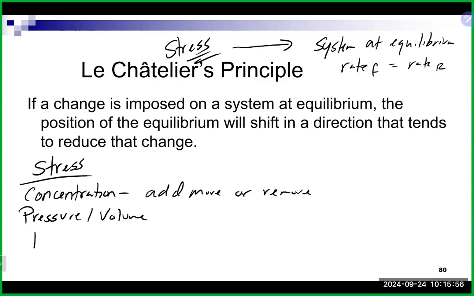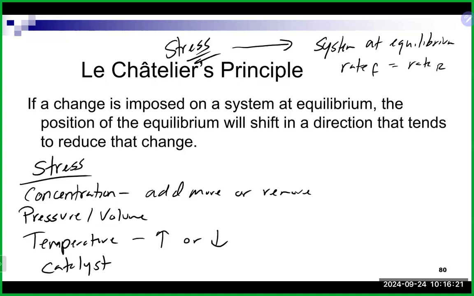You could also do something with temperature. You could obviously either increase or decrease the temperature. And lastly, you could add a catalyst, as we talked about in the previous chapter, which speeds up a chemical reaction. So these are all things that will, in a lot of cases, really mess up the equilibrium.